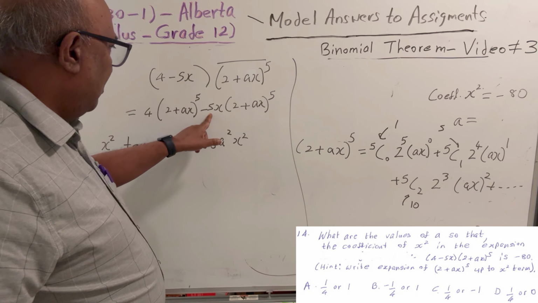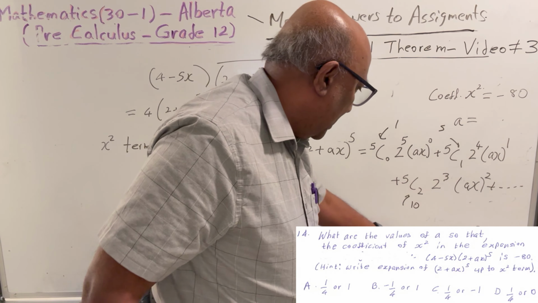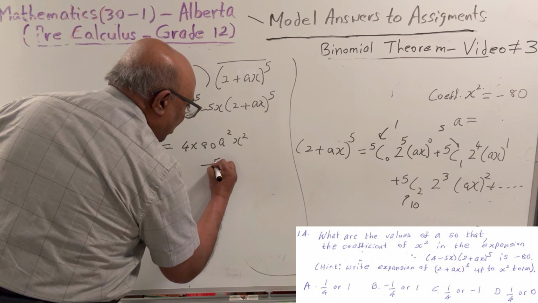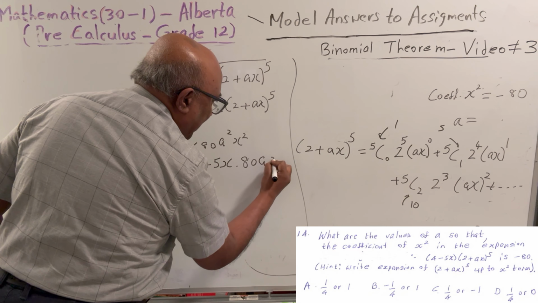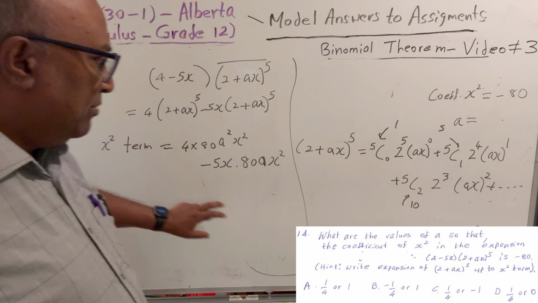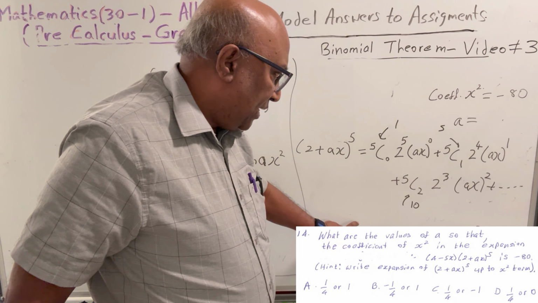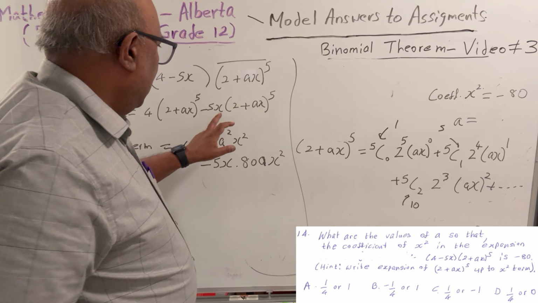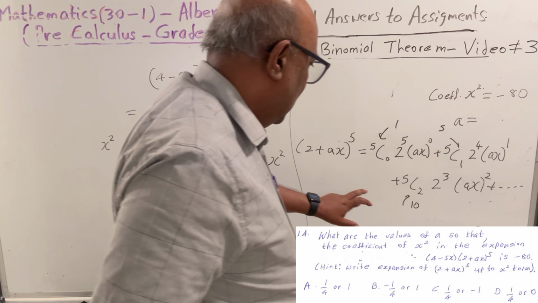From here, what is the x squared term? Minus 5x times 80ax, this one. Minus 5x times 80ax. While multiplied by 4 here, we figure out the x squared term only. The x squared term is obtained when you multiply 4 by here. Others don't apply. In this term, when you multiply by minus 5x, only this applies.